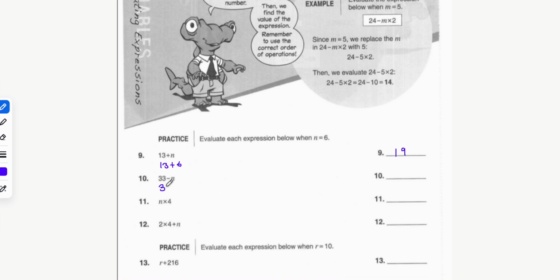Number 10, 33 minus n, or 33 minus 6, is 27. n times 4, or 6 times 4, equals 24. And 2 times 4 plus n, or 8 plus n, where n is 6. So 8 plus 6 equals 14.